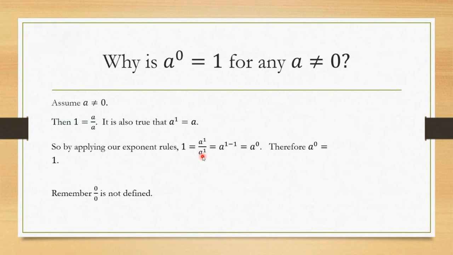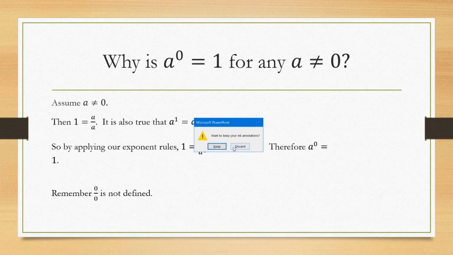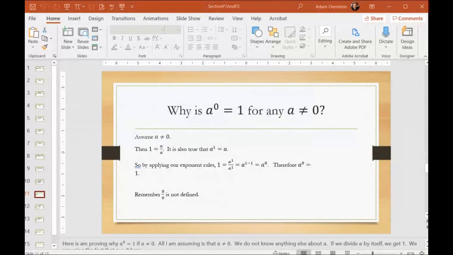We know if you divide like bases, subtract the exponents, and we get a to the 0. So we have 1, when the dust settles, is a to the 0. Same thing as saying a to the 0 is 1. I thought it was cool to throw in that proof, to see why something is true. Okay. Let me just pause this.